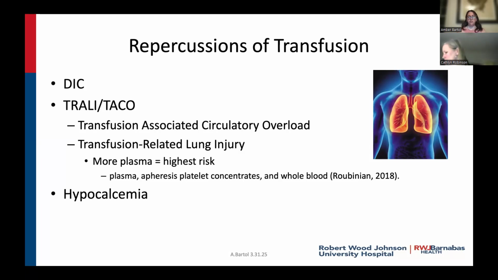Transfusion-related lung injuries are a little bit different. What happens with transfusion-related lung injuries is that you have a patient that is getting all these blood products and they have an autoimmune response to the antibodies in the blood.